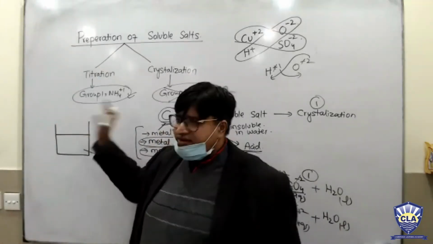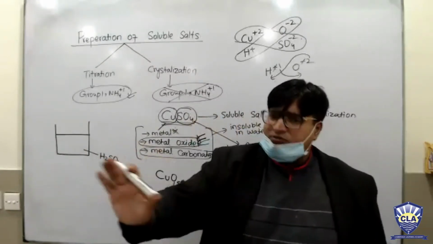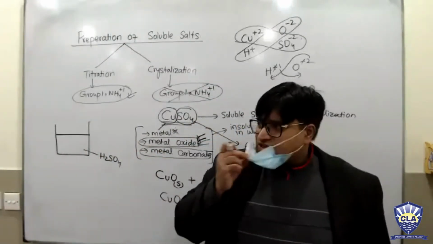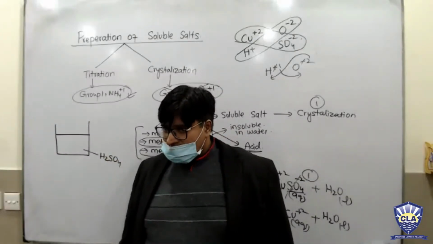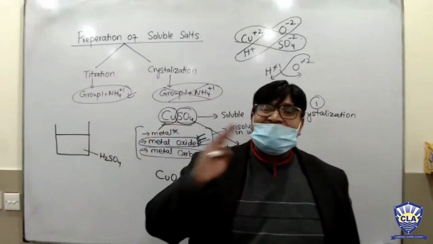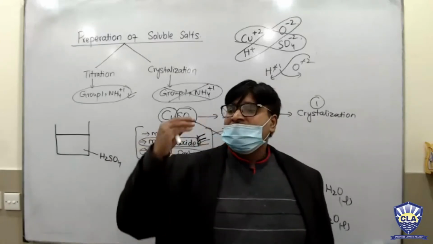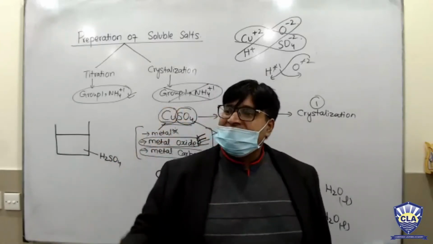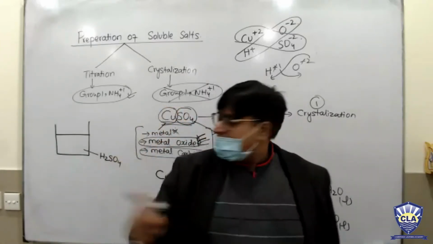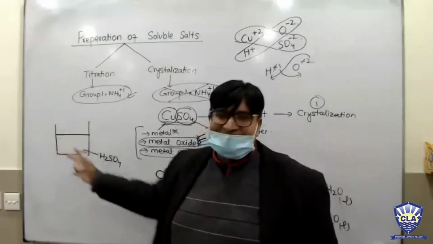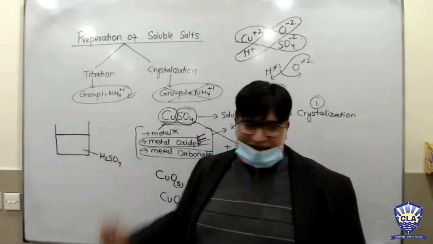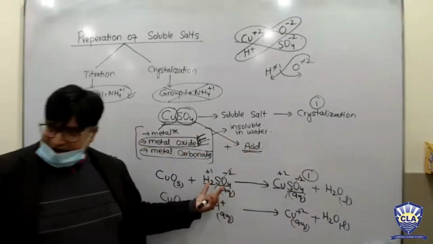Just put the acid inside a beaker, any amount. It's not necessary that you should measure it 100 or 20 cm cube. This is the beaker. I have put the acid inside it.